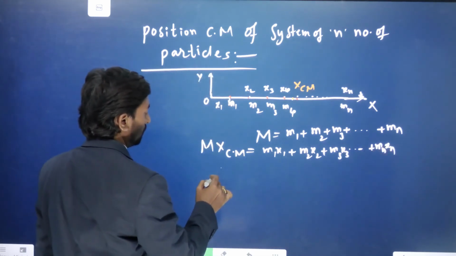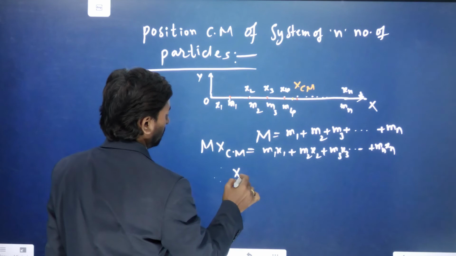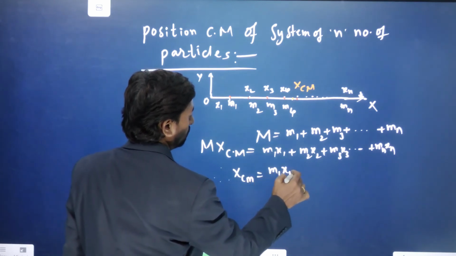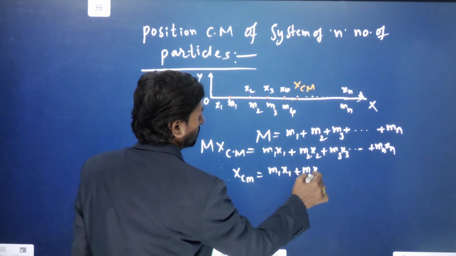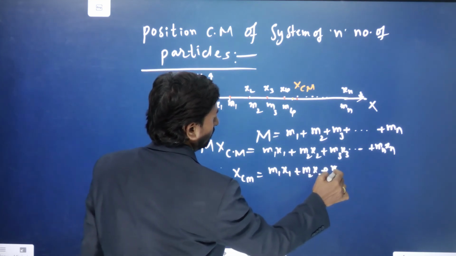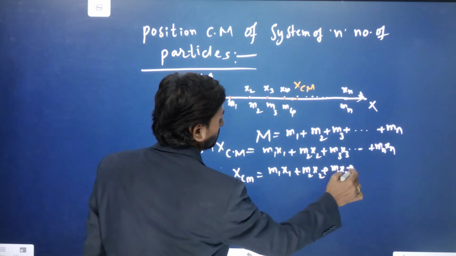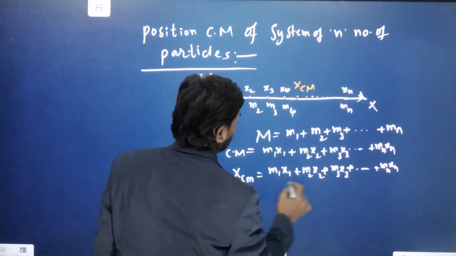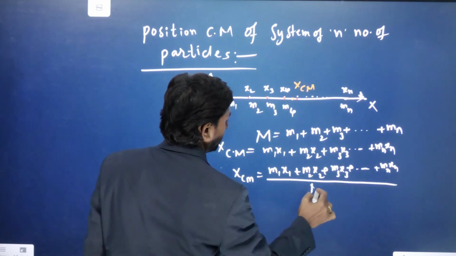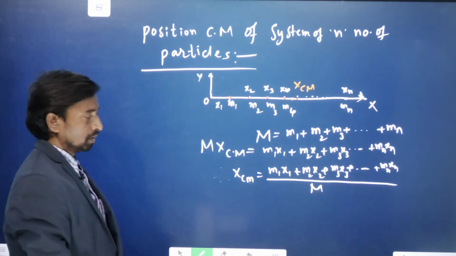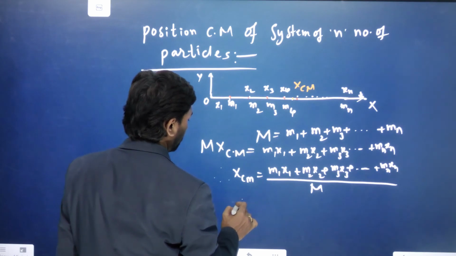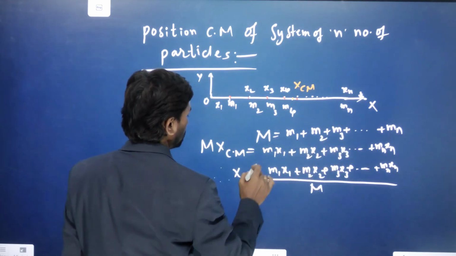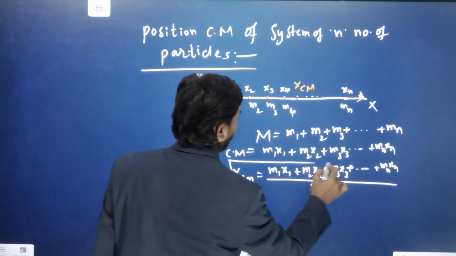Therefore xcm is equal to m1 x1 plus m2 x2 plus m3 x3 and so on up to mn xn, divided by M. Here M is nothing but m1 plus m2 plus m3 and so on up to mn.